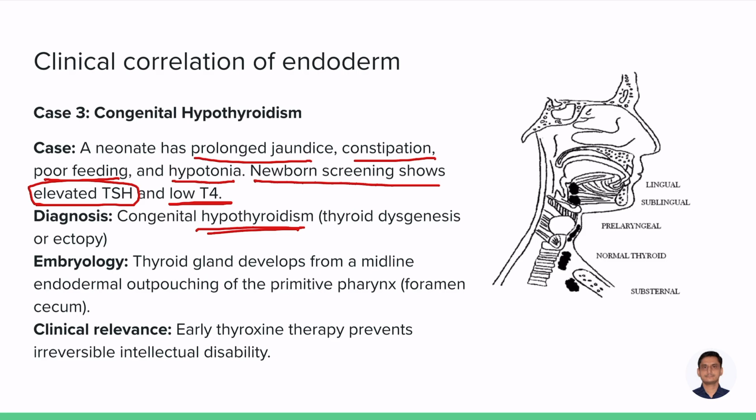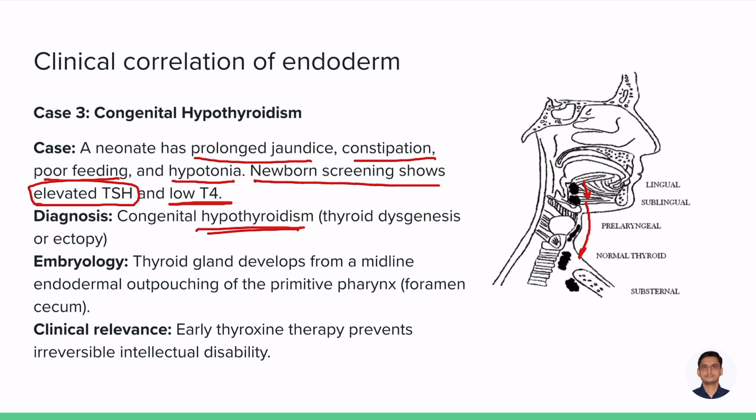which is an outpouching from the primitive pharynx, and starts to migrate from the floor of the mouth through the foramen cecum to the neck.